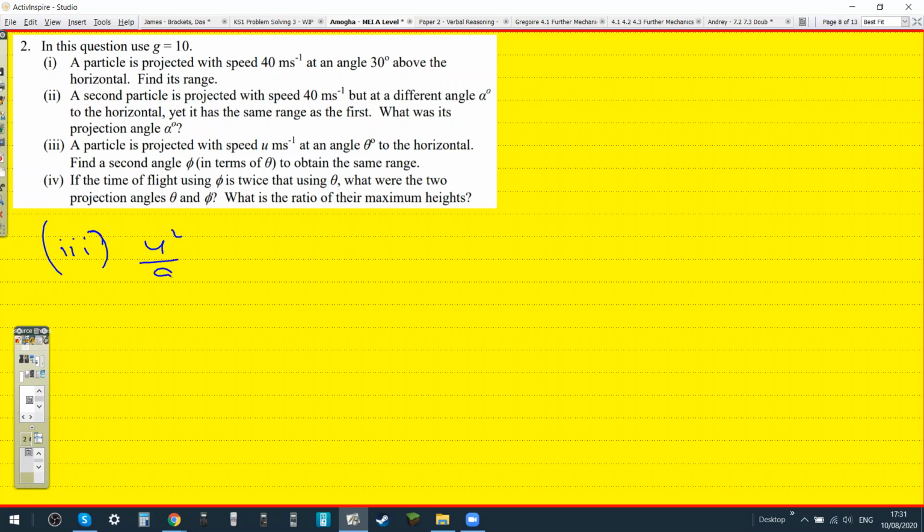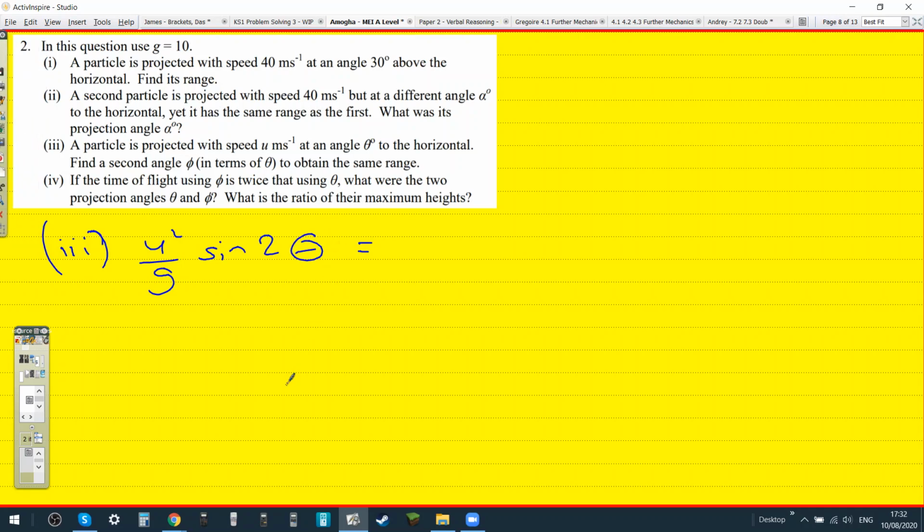So u squared over g sine 2 alpha is equal to u squared over g sine, so I believe that would be theta, sorry. Yeah, it should be theta.